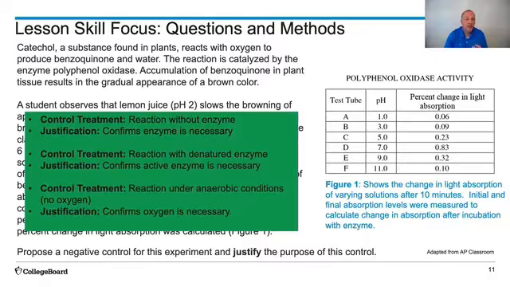One, reaction without an enzyme, which confirms the enzyme is necessary. Another choice would be reaction with denatured enzymes, which confirms that active enzymes are necessary. And then finally, reaction under anaerobic conditions, meaning no oxygen, and it confirms oxygen is necessary for the reaction.